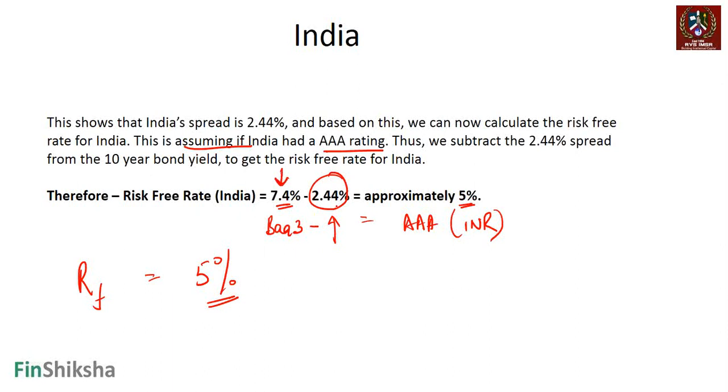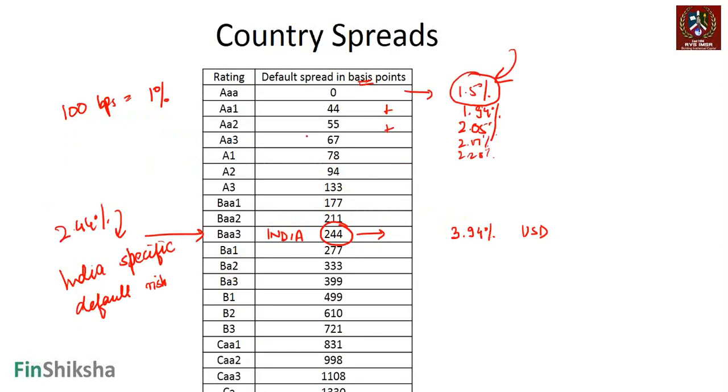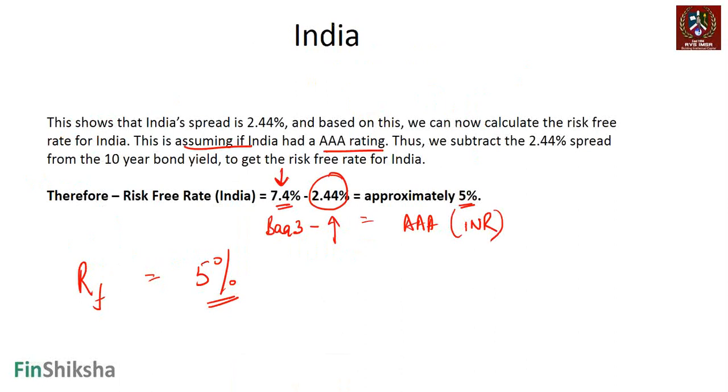You subtract the spread. Where are these spreads available? These spreads are available on Professor Damodaran's website. He collates the ratings for all the countries, and then combines them and gives this risk metric and this parameter. It makes it easier for all of us to look at these numbers and evaluate them, right?